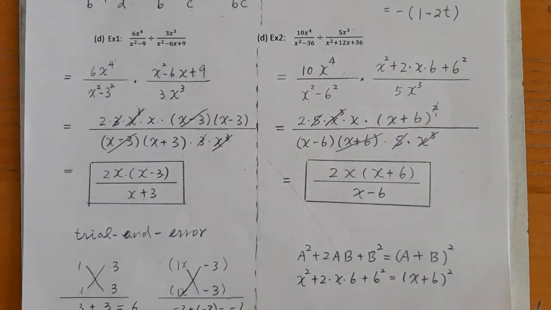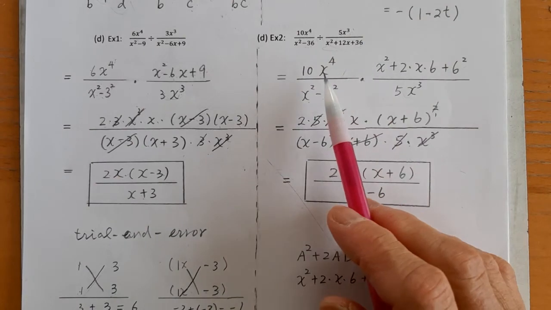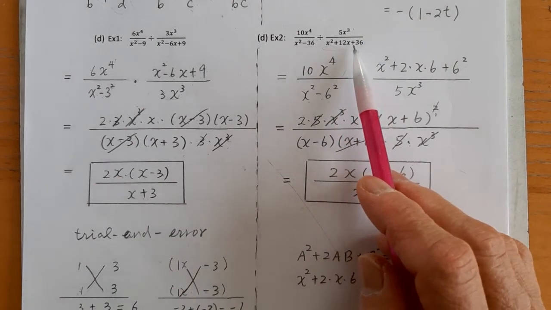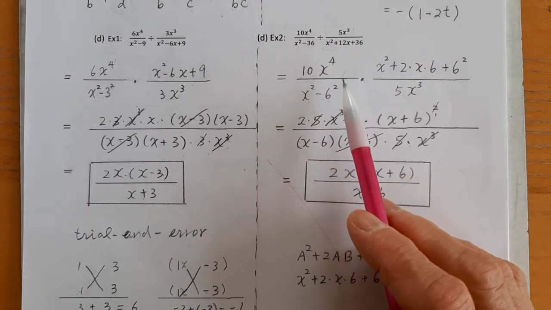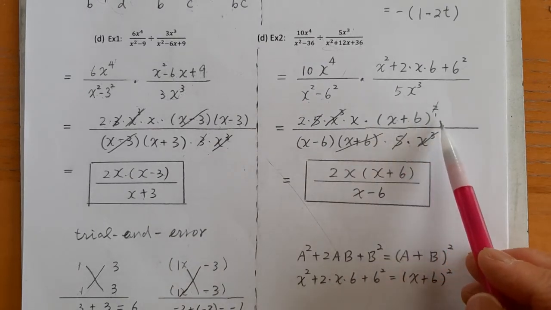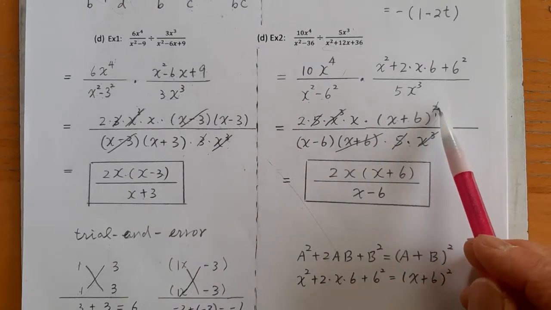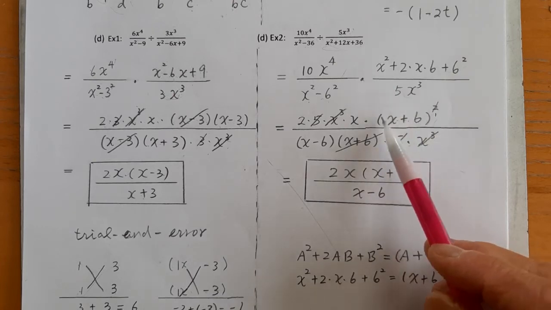Trial and error method: you can use 6 times 6, right? 6 times 6 is 36. And then 6 added to 6 is 12. So the factor is x plus 6 times x plus 6, and in exponential form it is x plus 6 quantity squared.